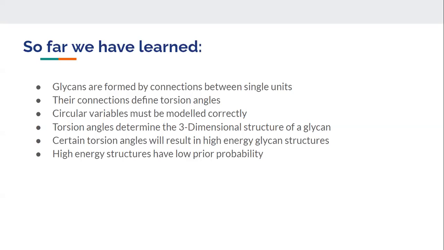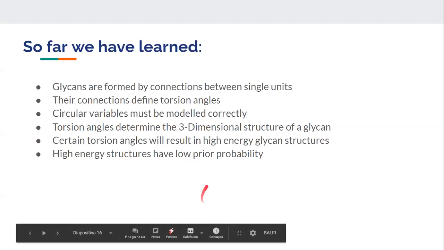We know that torsion angles define the three-dimensional structure of a glycan, and that certain torsion angle combinations will result in high-energy glycan structures. And according to Boltzmann's distribution, those high-energy structures have low prior probability.